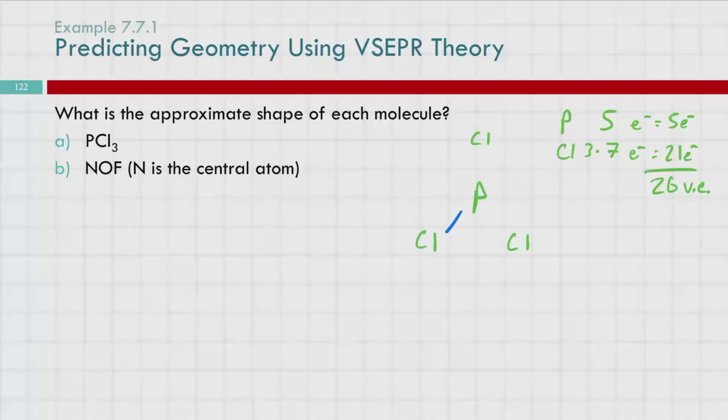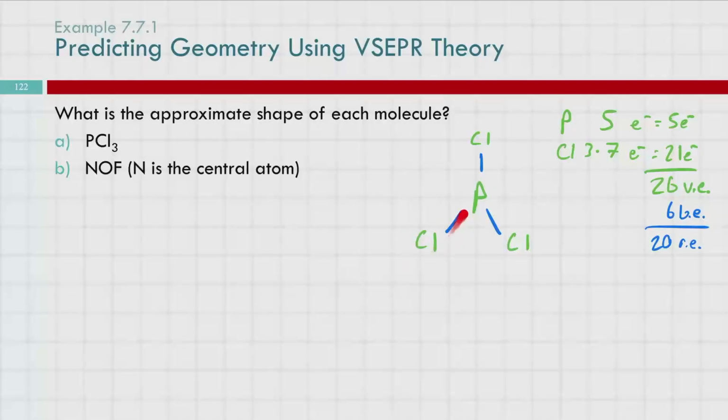To get everything connected, we need 3 bonds. 3 bonds is 6 bonding electrons, which leaves us with 20 remaining electrons. At this point, we want to place our electrons starting from the outside, the terminal groups, our chlorines, and then working our way in. So we're going to distribute as many as we can to our chlorines, and then anything else that's left over will go on our phosphorus, and then we'll check our lone pairs.